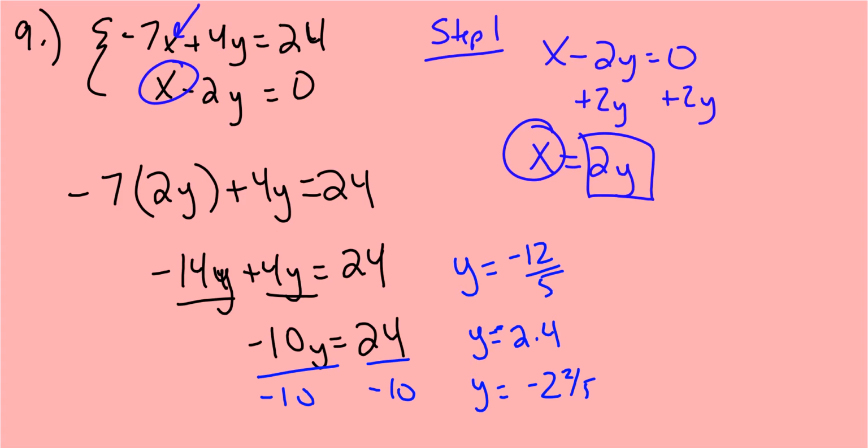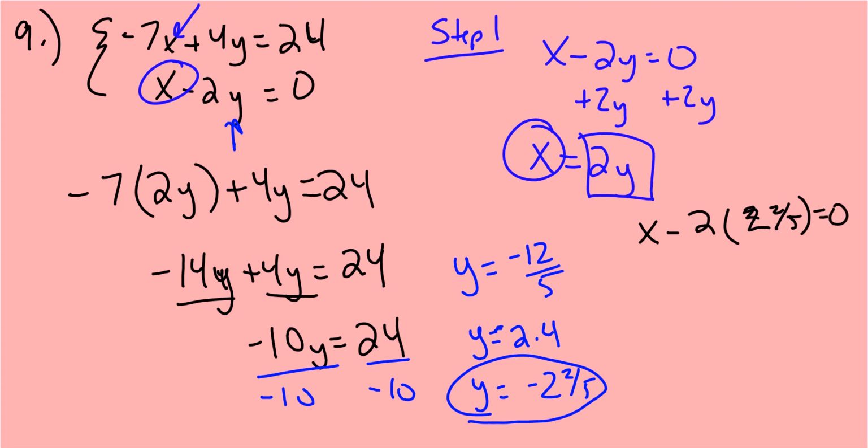I'm going to plug negative 2 and 2 fifths into the top equation right there, or the bottom equation. So I'm going to have x minus 2 times negative 2 and 2 fifths equals 0.